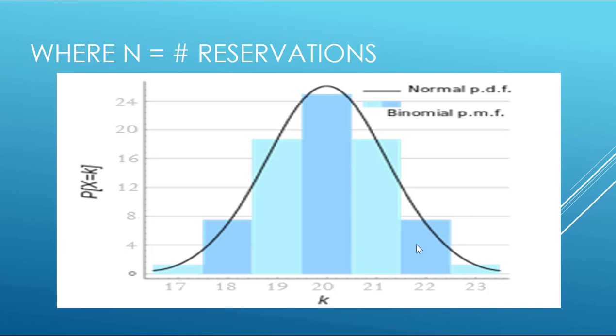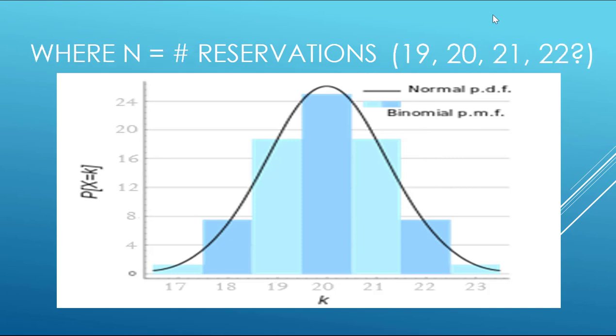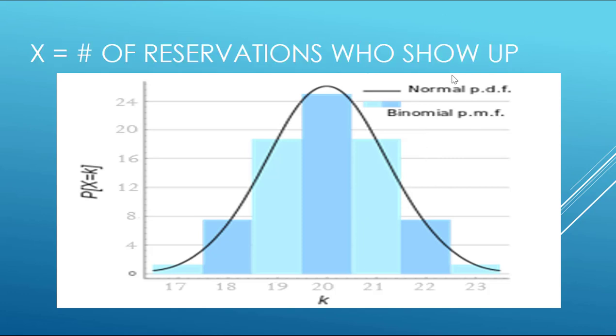Okay, so let n be our number of reservations that we allow. So we're trying to ask this question, do we allow 19, 20, 21, 22, or just the 18? And where x will be the number of reservations who actually show up. So out of all of our total reservations that we allow, only a certain number of them will show up. And x is what we see down here. Most likely is that 20 people show up.